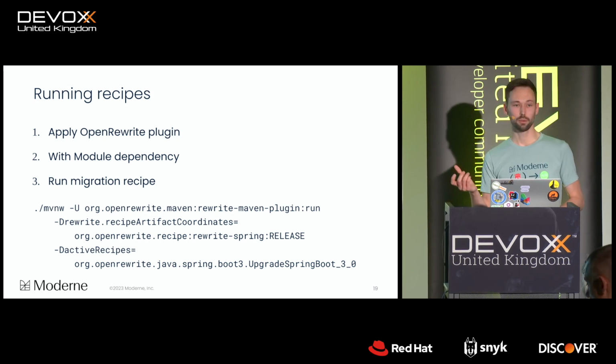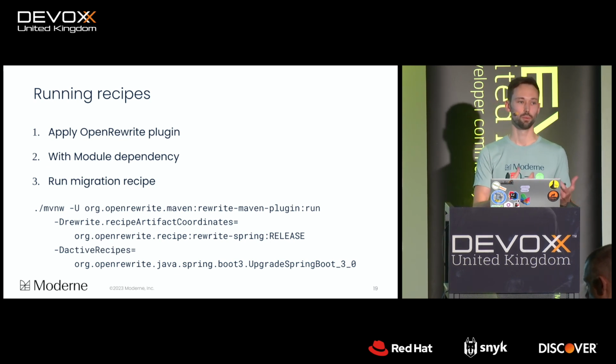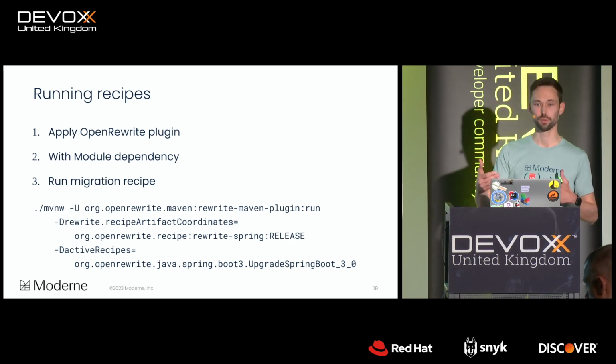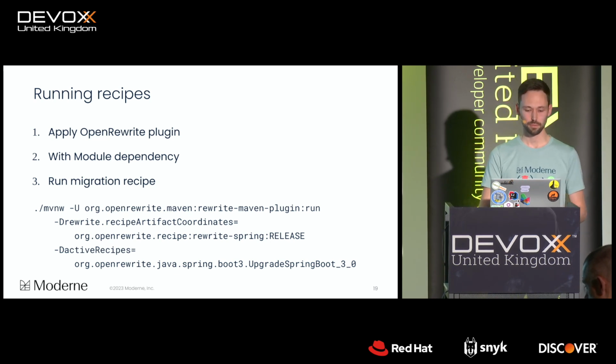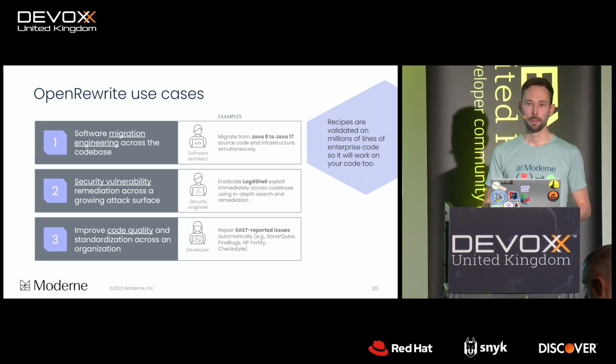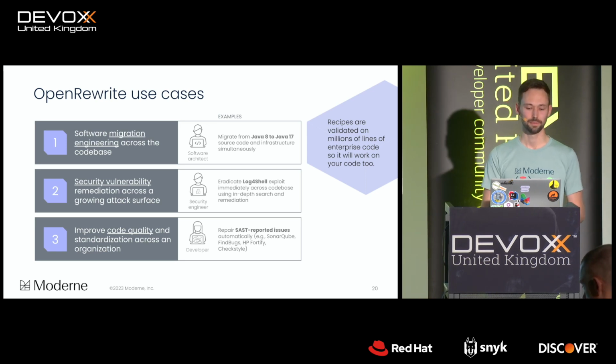This recipe will, as I showed you before, transform your application from Spring Boot 1.5 or 2 or whatever you are at, all the way up to Spring Boot 3 and Java 17. It will alter the dependencies, plugins, and any Spring-specific test constructs as well.